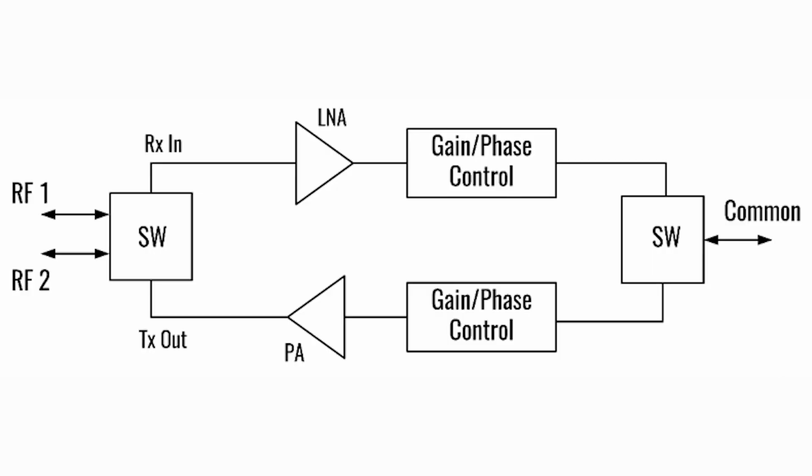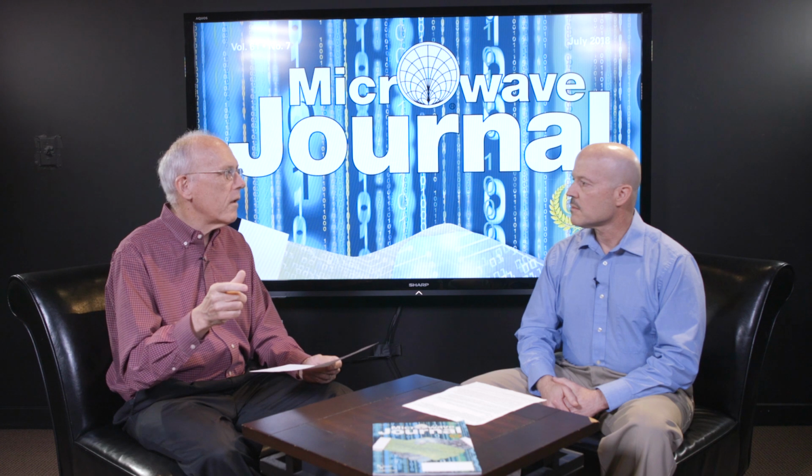We have Anoki Wave. They've released something they call their intelligent gain blocks. Those are pretty interesting. They have 2 configurations. One is a PA, an LNA, and in both the transmit and receive sides, they have independent amplitude and phase control. And then the variants are, in one case, they have a TR switch at the antenna and a TR switch at the other end.